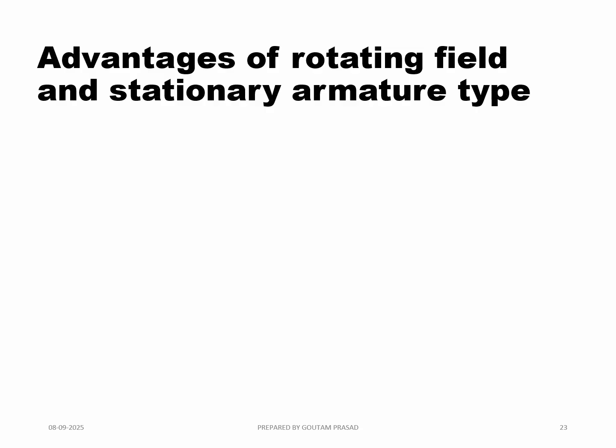Now let's explore the advantages of a rotating field and stationary armature type. High voltage generation is possible with this type of setup, as by increasing the excitation current, you can increase the amplitude of the voltage generated.